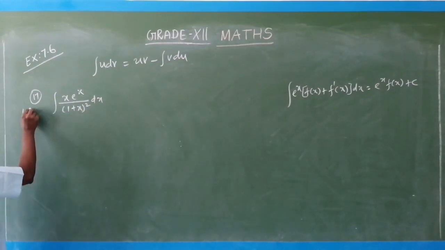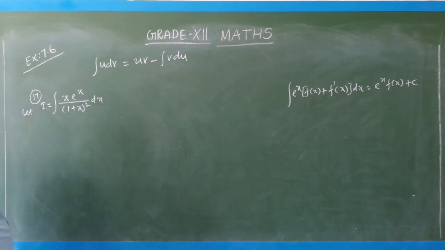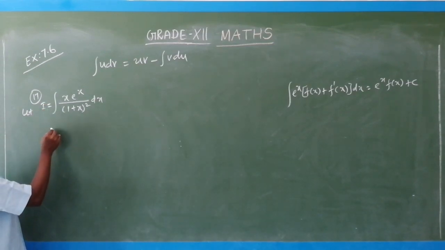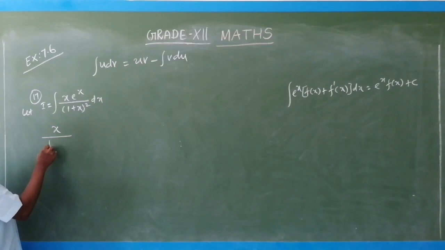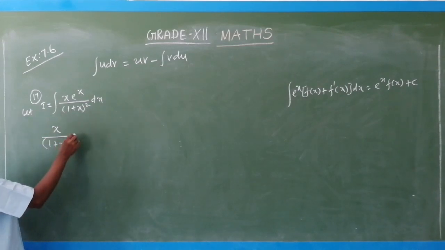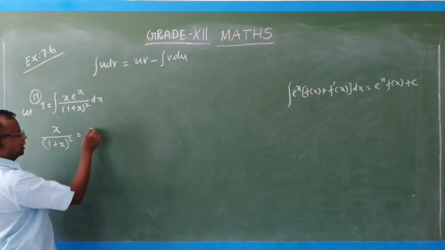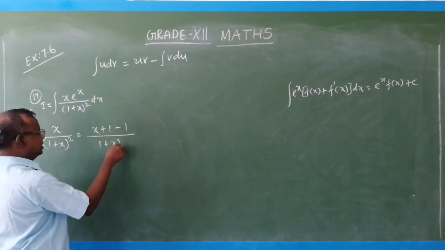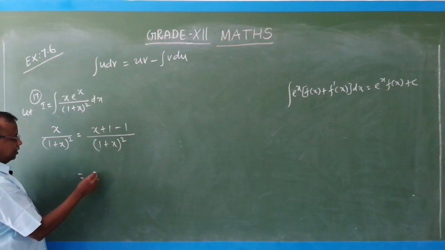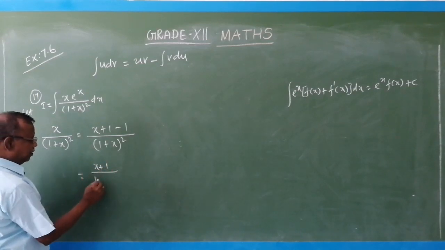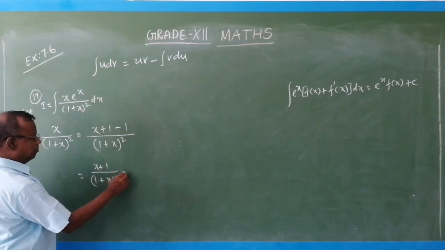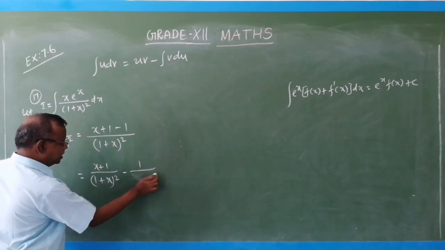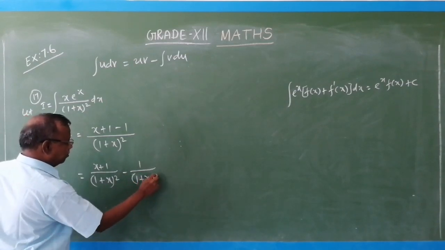Let I equal to this one and consider the function x divided by (1 plus x) the whole square. So, we can write this as (x plus 1 minus 1) divided by (1 plus x) the whole square, which is equal to (x plus 1) by (1 plus x) the whole square minus 1 by (1 plus x) the whole square.